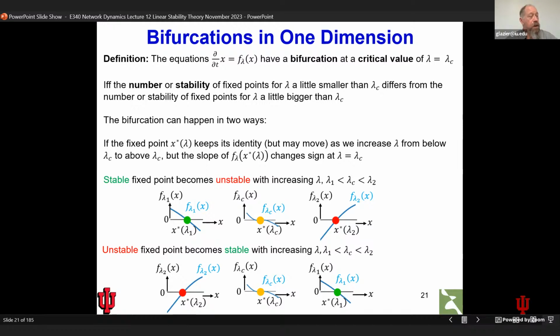If I look more locally, if my F line is changing slope, it can go from being stable to being unstable, or vice versa. And so these are the possibilities. I could either have the identity of a fixed point change, I can create or destroy fixed points, or I can have a stable fixed point become unstable or an unstable one become stable.